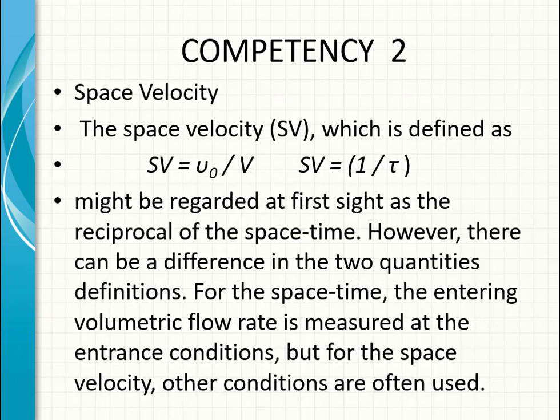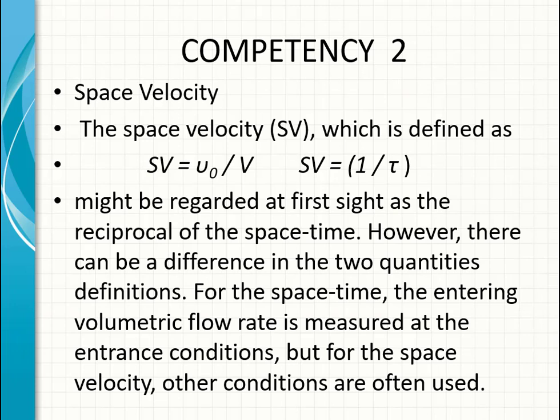Space velocity. The space velocity, Sv, is defined as the relation of V0 divided by V. That means the volumetric flow rate divided by the volume of the reactor. So the space velocity Sv is the inverse of tau. So Sv is equal to 1 divided by tau.